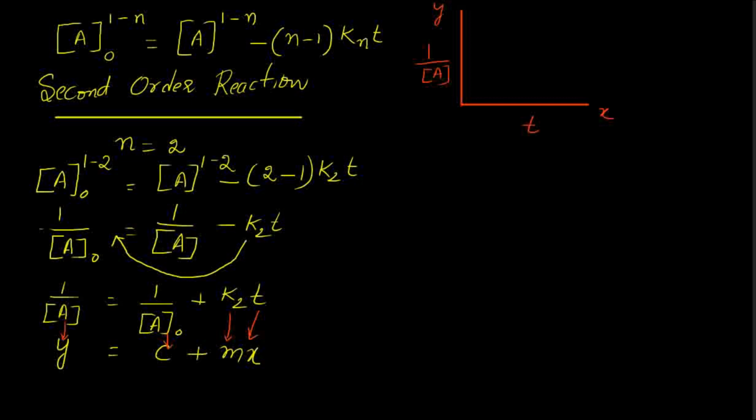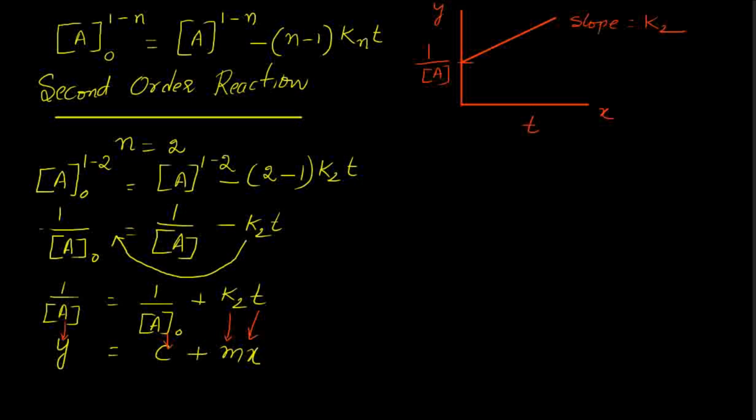Now there is the intercept with positive slope plus m and with intercept. So now the graph with the intercept and positive slope like this. So the slope equals m, that equals k2.